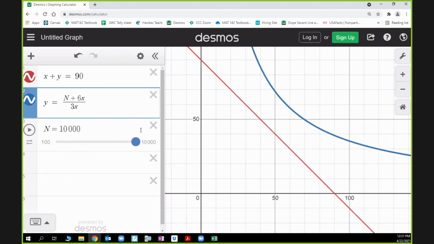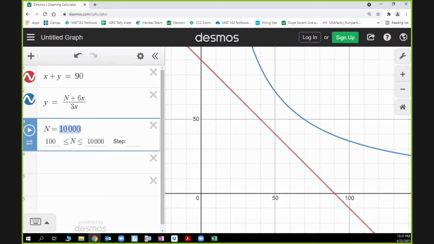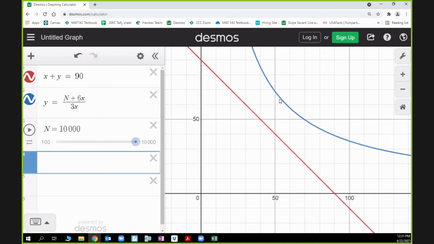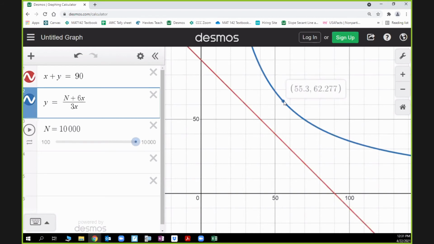If we have a production of 10,000, now the curve is way out here, and that's way out of our budget. Any XY pair out here is going to be too much. So here is spending 55,000 on labor and 62,000 on materials. That's way out of our budget, because that's going to be well over $90,000.